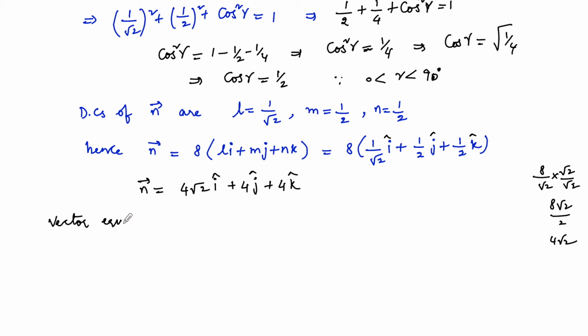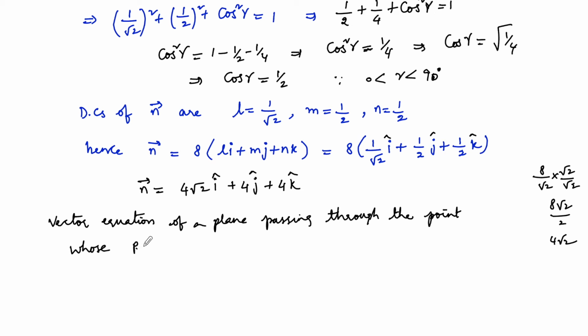The vector equation of a plane passing through a point whose position vector is a, and normal to the vector n, is given by r dot n is equal to a dot n.